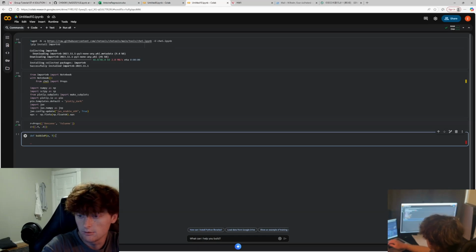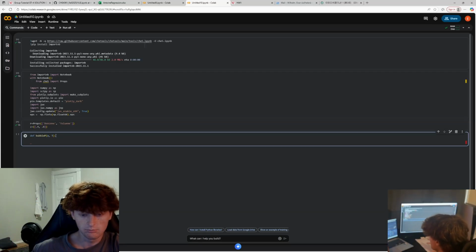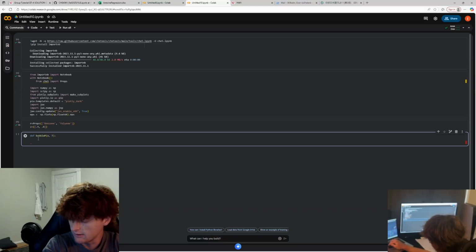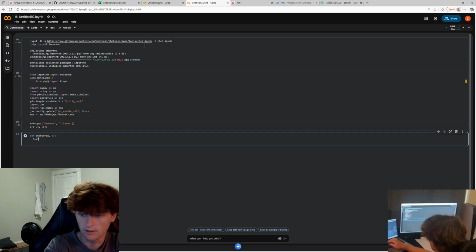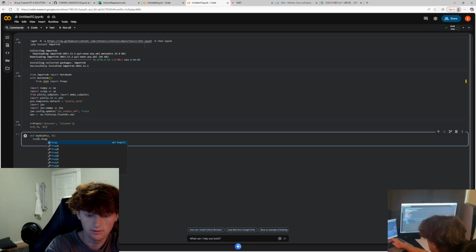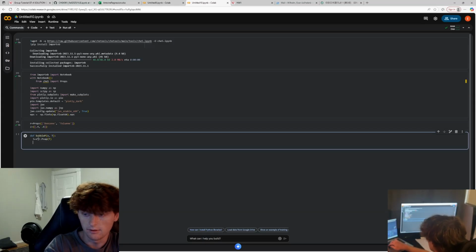Okay, moving on. I have our paper right here from where we defined all of our equations. So this first one we need to do, we'll just call it S first, and then we'll do the X times our R dot P VAP of T, and then we'll do the sum.